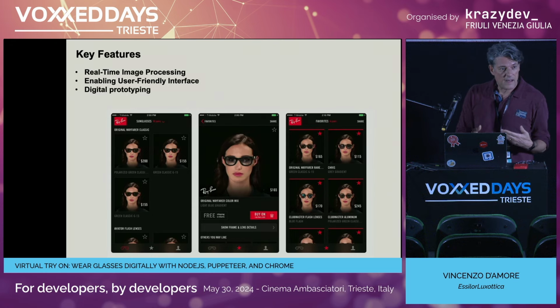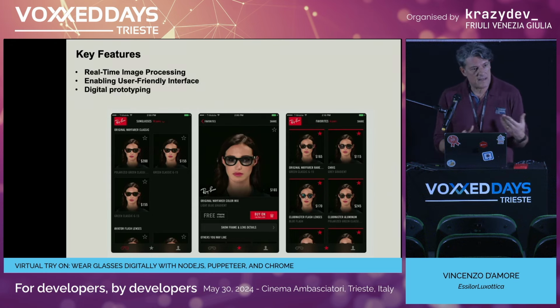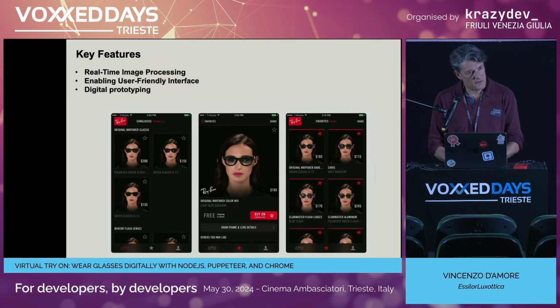We are suggesting glasses that could fit well for the user, but they are all different. And the user can see how the glasses look on his face, or her face. That's the point.